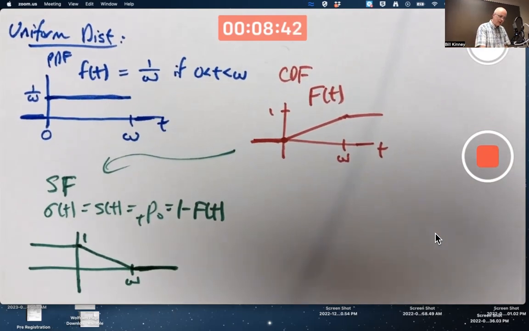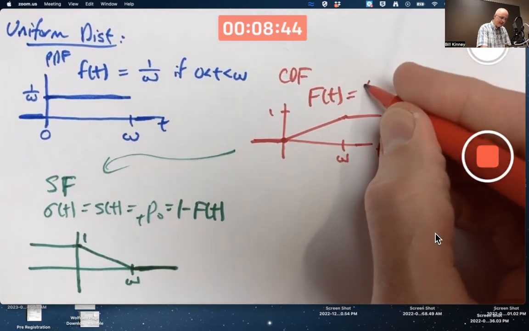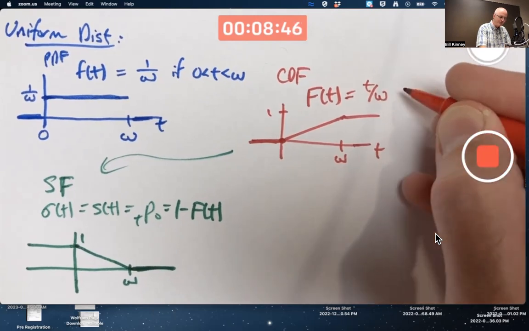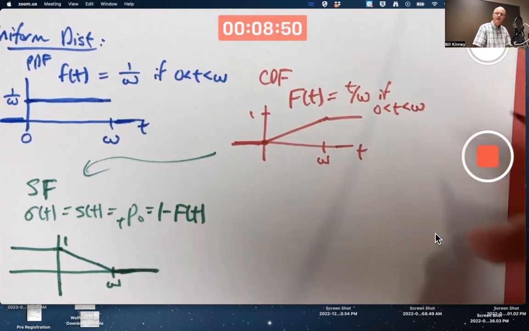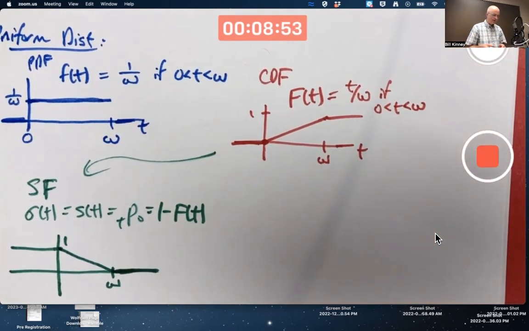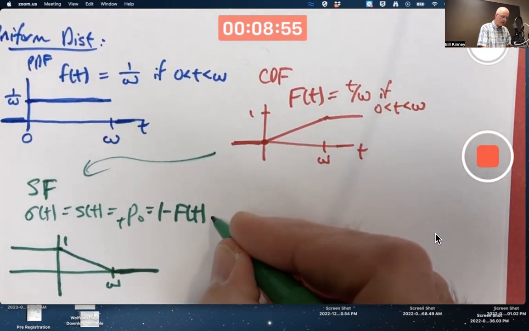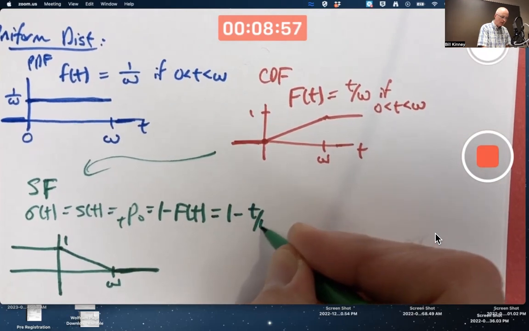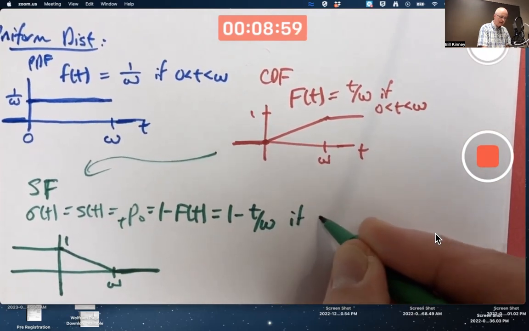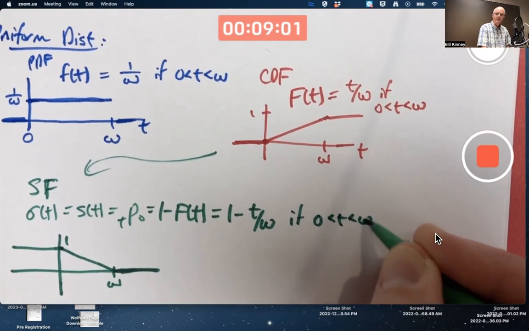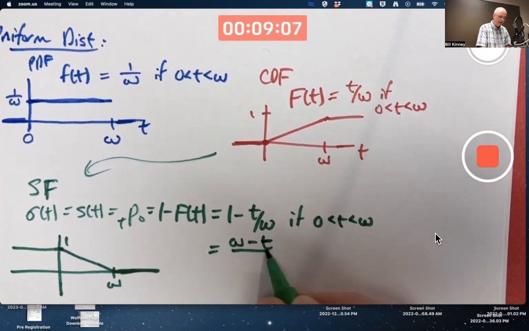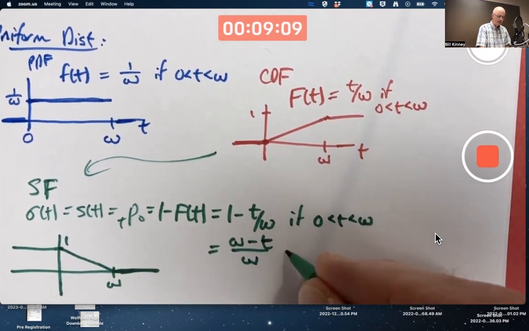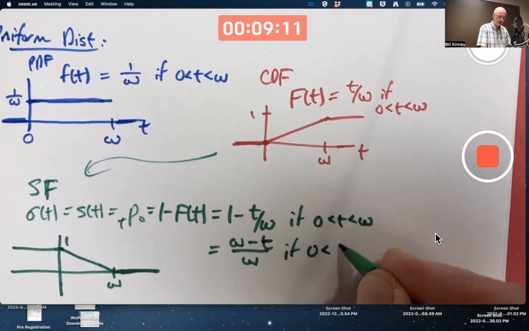When t is between 0 and omega, the formula for the CDF is t over omega. And therefore, for the survival function, the formula would be 1 minus t over omega if t is between 0 and omega, which could also be written, if you get a common denominator, as omega minus t over omega if t is between 0 and omega.